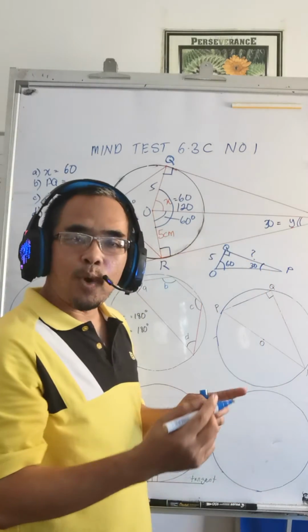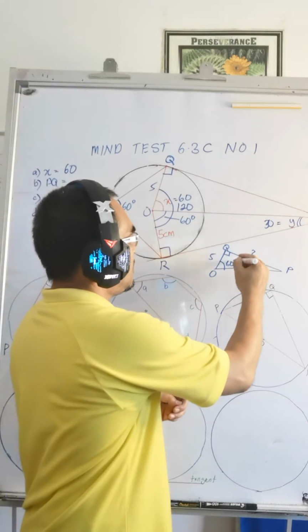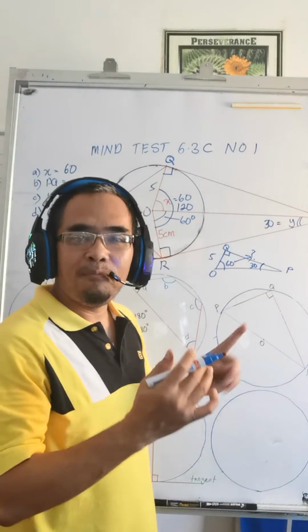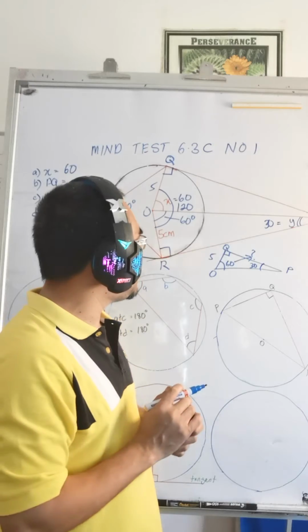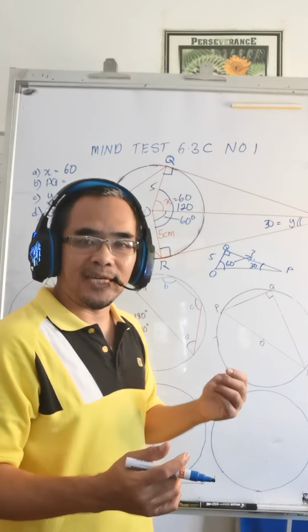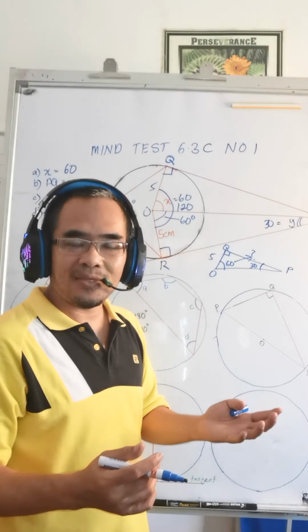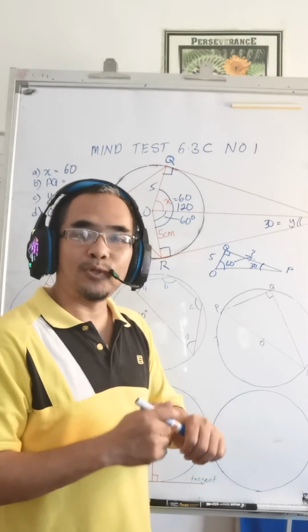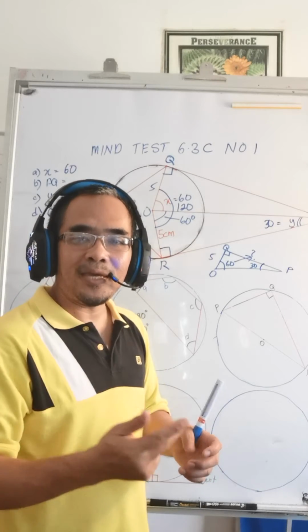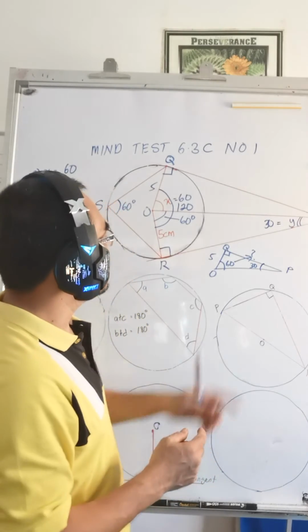Let's say I'm going to use 60 degrees. PQ will be opposite the 60 degrees and 5 will be adjacent to the 60 degrees, so that means it is tangent, if you still remember what tangent, cos and sin are.